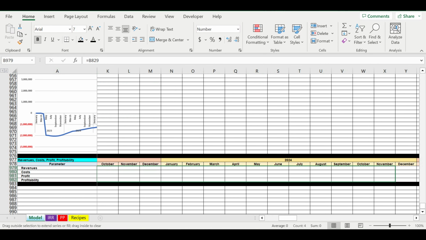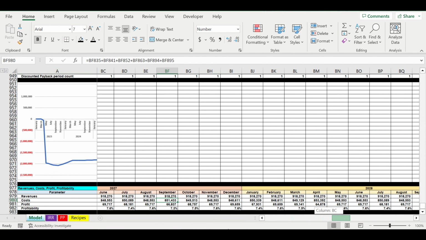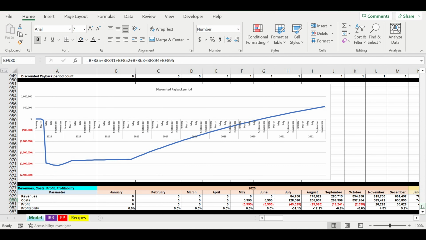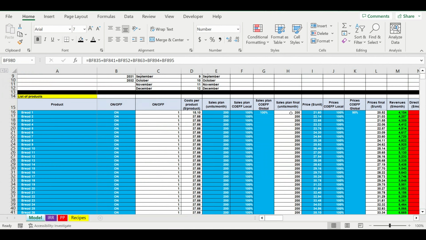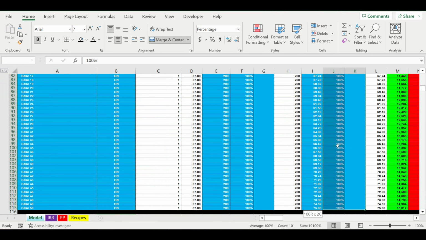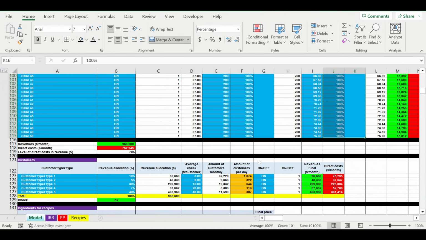Here we can see the level of profitability. So now we can play with all these coefficients very fast. So we can play with revenue coefficients, expense coefficients. For example, we can switch off different types of customers and see what will happen with profitability, for example.